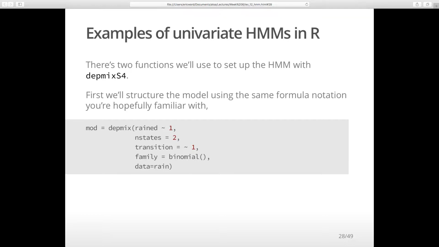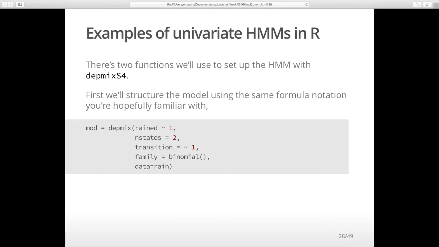The first is we're going to set up a formula for modeling whether or not it rained. We use the tilde and the 1 to indicate this is basically equivalent to an intercept-only model with rained, whether or not it rained as a categorical response. It's got 2 levels, so the number of states, nstates, we'll set to 2.